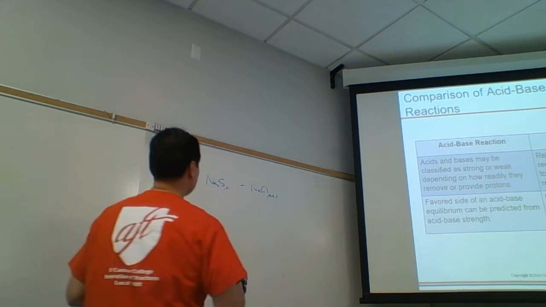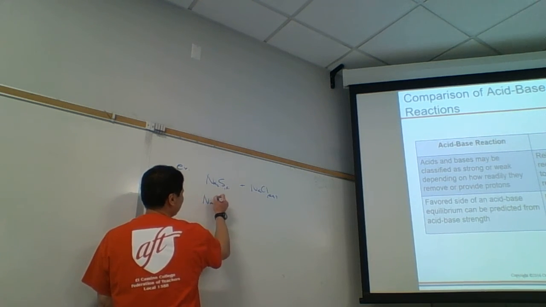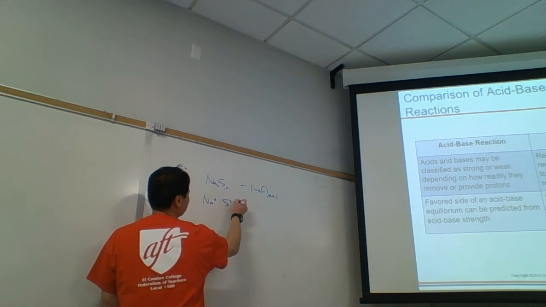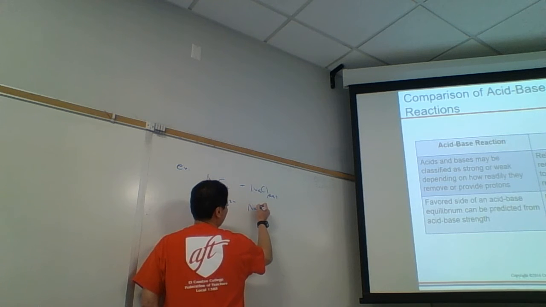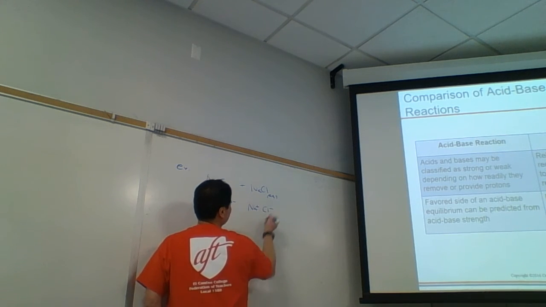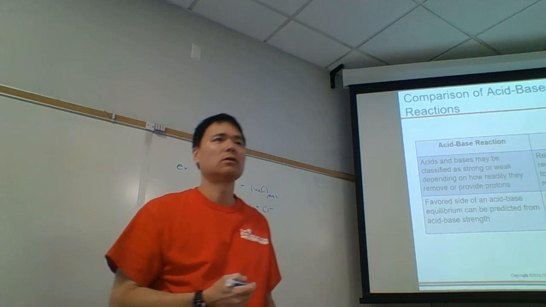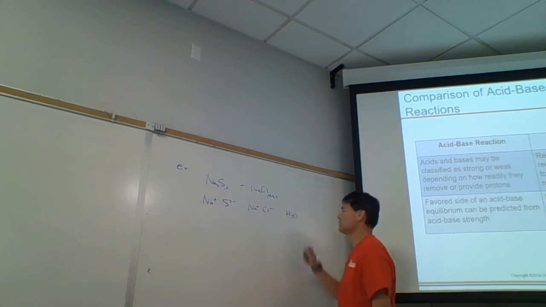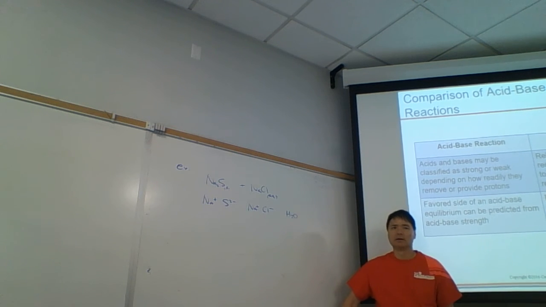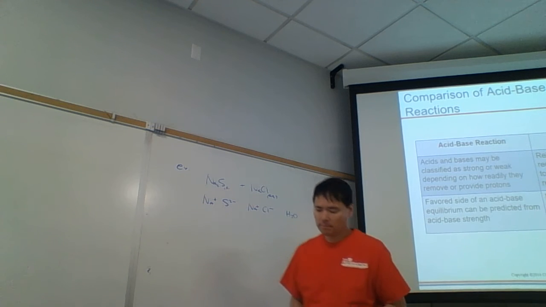So sodium sulfide is going to consist of sodium ions and sulfide ions. Sodium chloride consists of sodium ions and chloride ions. This is aqueous, which means what else is present? Water. And water is amphoteric, one of the most common amphoteric species we do. Okay, what's the next step?